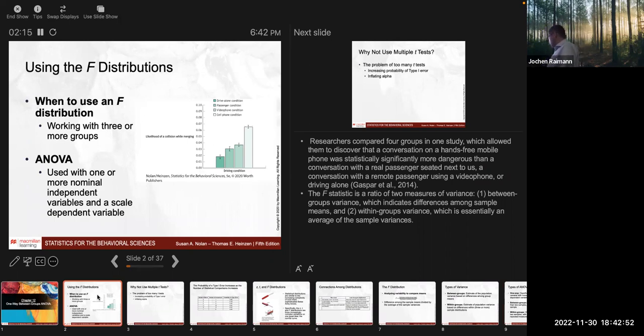If it's between groups, there's an individual participant in each of these groups. If it's within groups design of ANOVA, each individual goes through all 4 conditions, and you're following that individual, and you estimate the likelihood of collision of the driver driving alone, with a passenger, with a video phone, or with a cell phone.